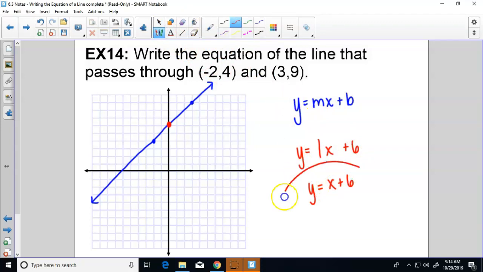So y equals x plus 6 is how we would write our answer there. It wouldn't take it if you put a 1 there. It's technically correct to have the 1 there, but you look like you don't know what you're doing if you put the 1 there.